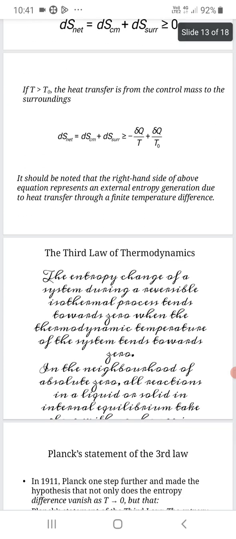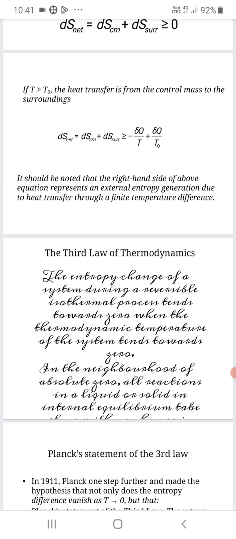Third law of thermodynamics means the entropy change of a system during a reversible isothermal process tends towards a zero value.